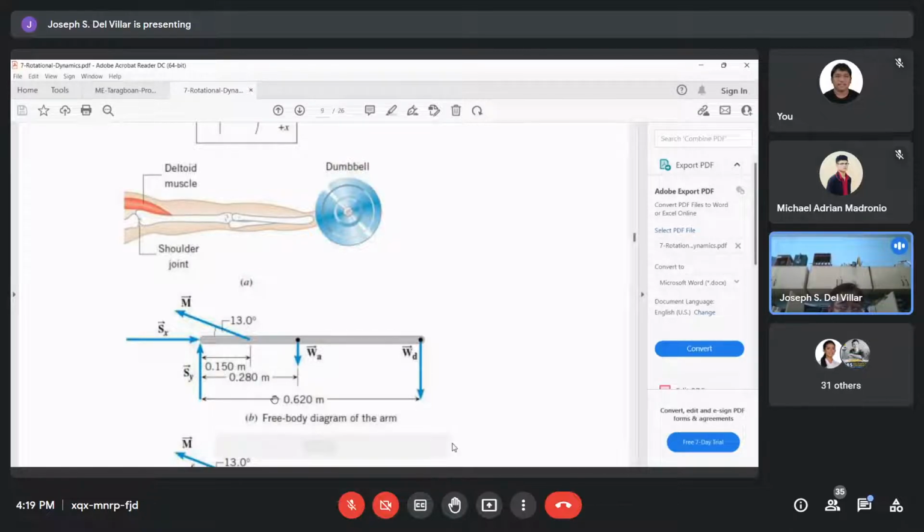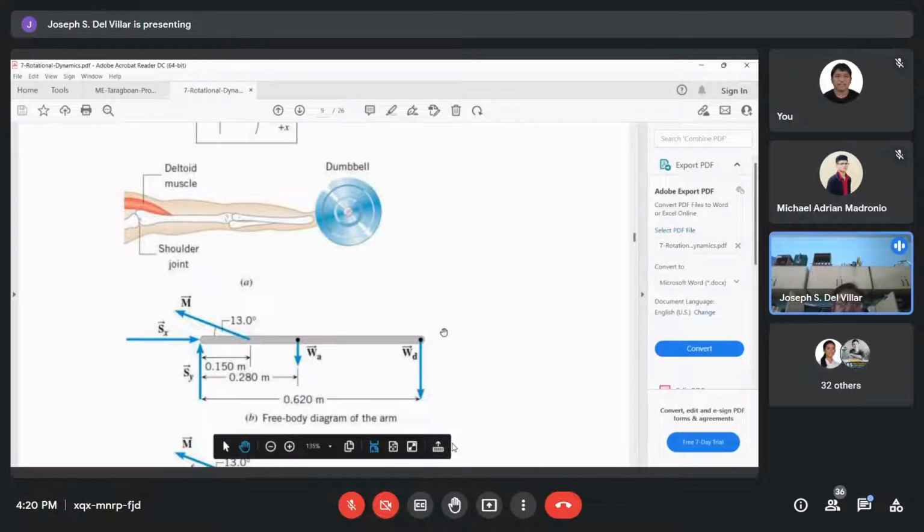So makikita nyo, kung hahatiin nyo yung 0.62, kung balance ang arm, pare-parehas ang muscle thickness, kalahati ng 0.62 would be 0.31. Diba? Now, since hindi nga siya balance, kasi yung mas malapit sa kamay ay maliit na muscle, at papunta sa shoulder ay pakapal ng pakapal yung muscle, yung weight nakakoncentrate more papunta doon sa shoulder. So nakikita nyo, nasa 0.28. Okay? Yung weight of the arm.